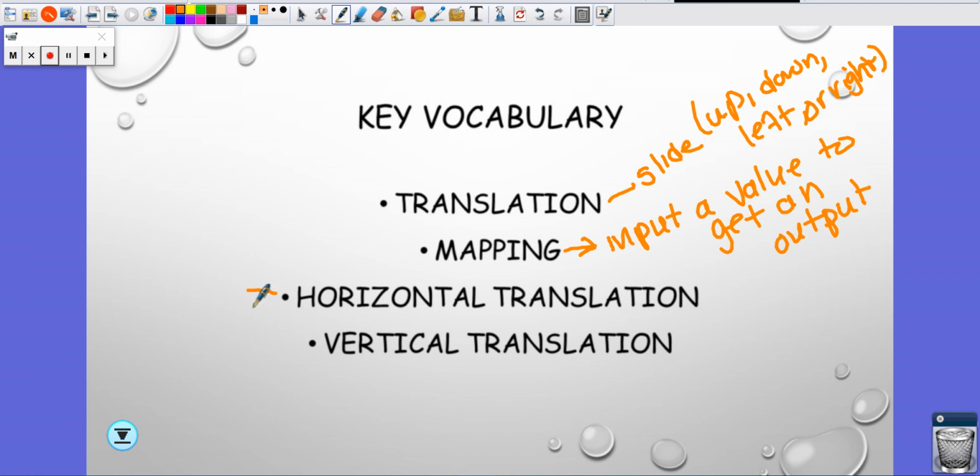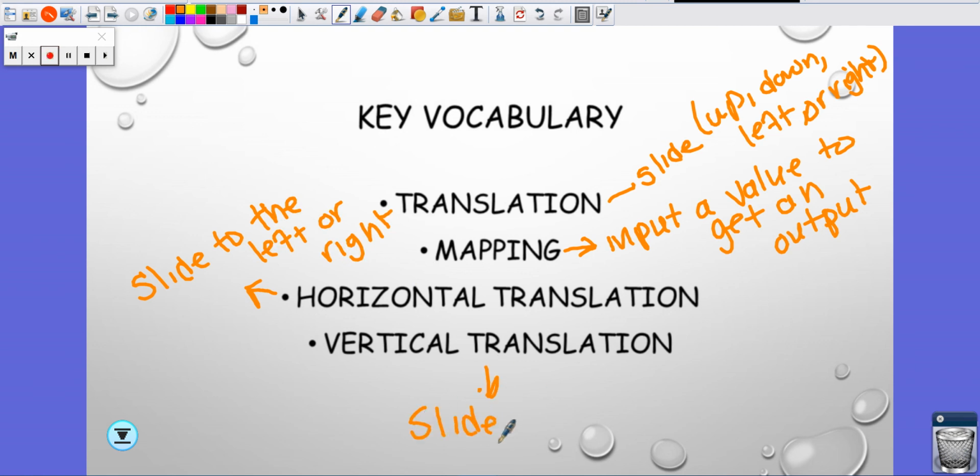A horizontal translation means to slide to the left or right. And a vertical translation means to slide up or down. Okay?